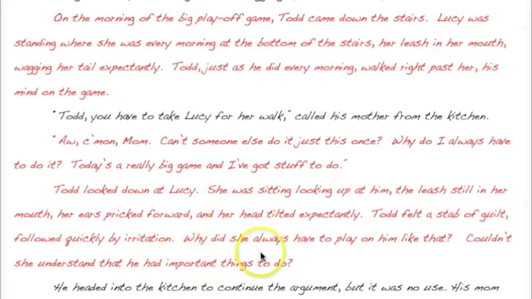So that's an internal thought, and by the way, a couple of tough questions there. So that's another way that I am showing that he is self-absorbed. He is not thinking to himself, why does she always have to do that, because I'm so self-absorbed that I can't think about her. He is just simply thinking about, why does she always have to do this, because I have so many more important things to do.